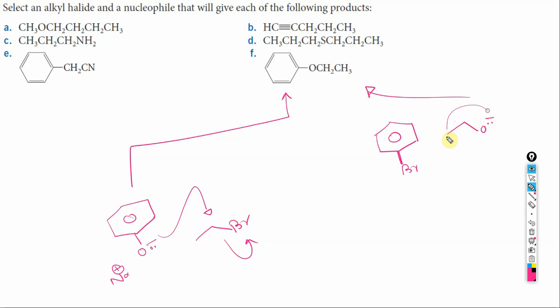Now this reaction will not work, okay, because here you're talking about a halogen on an sp2 carbon. So if you choose this substrate, I'm just going to use double bonds here. If you choose this as a substrate, that is not going to work because the leaving group is on an sp2 carbon. So a leaving group on an sp2 carbon is not going to be a good leaving group.